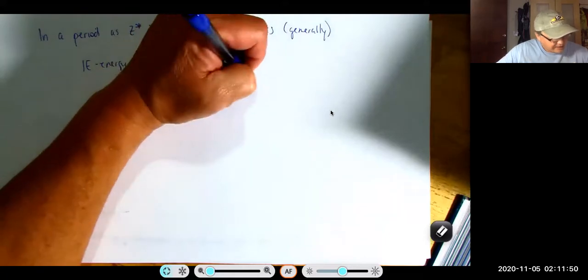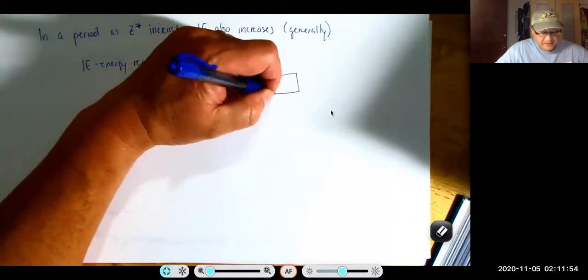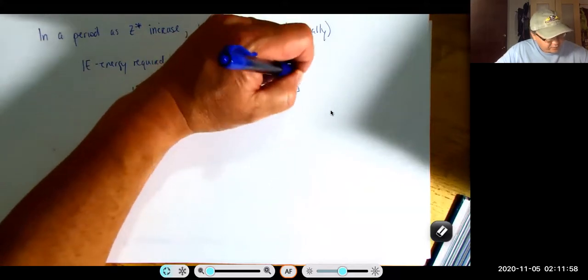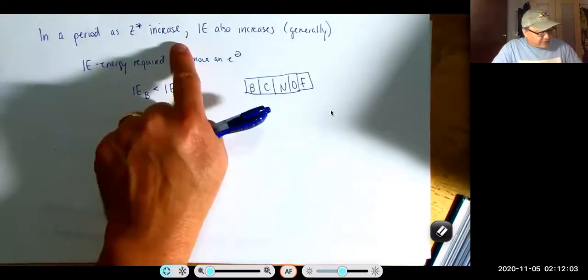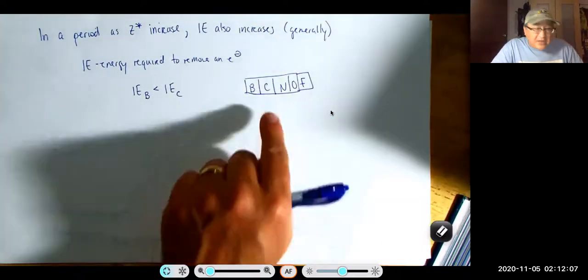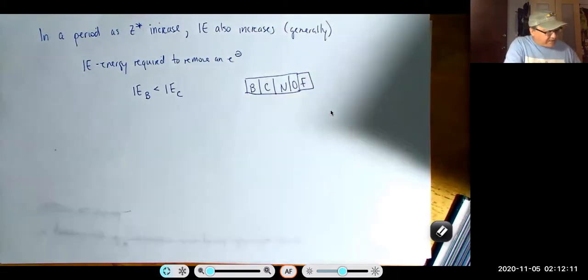And on the periodic table, they look like this: boron, carbon, nitrogen, oxygen, fluorine. So here it increases. So when we go across, ionization energy increases. So we expect carbon to be greater than boron. And there it is.